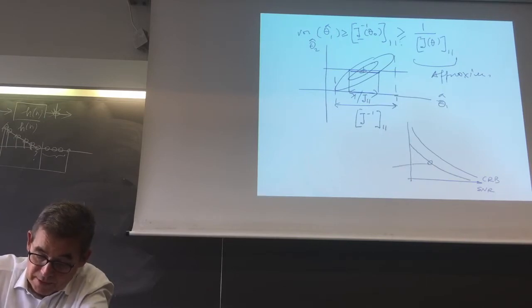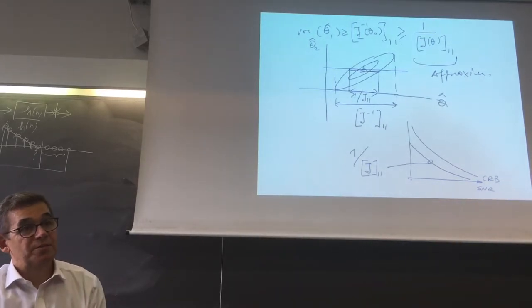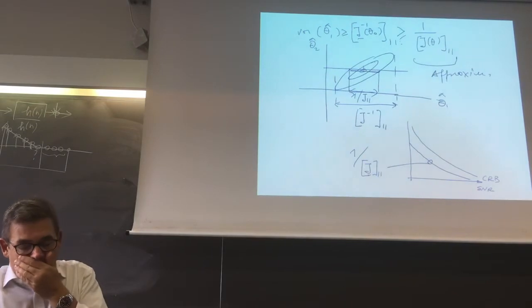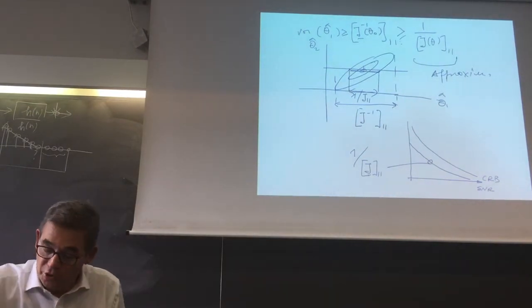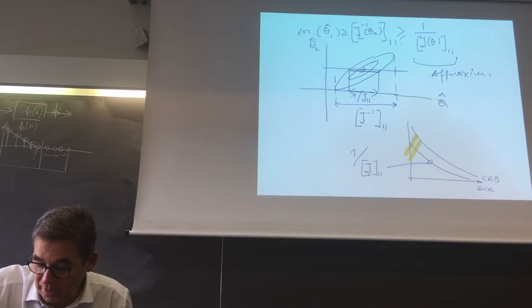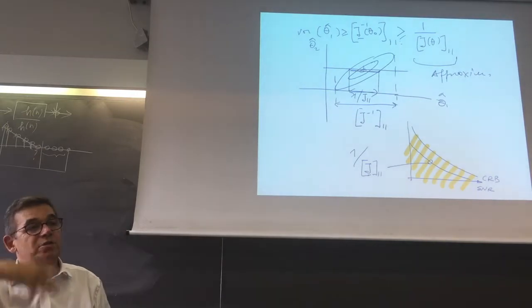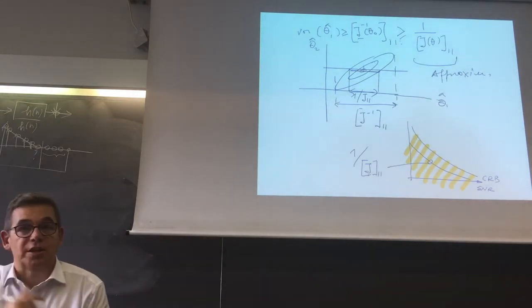This is by computing 1 over J11. Essentially, we are not inverting the matrix. So don't make a mistake. The bound has to be above that, so my mean square error should be larger than that.